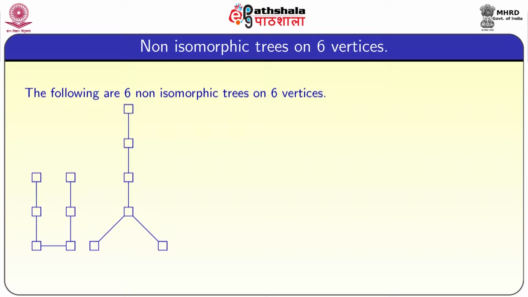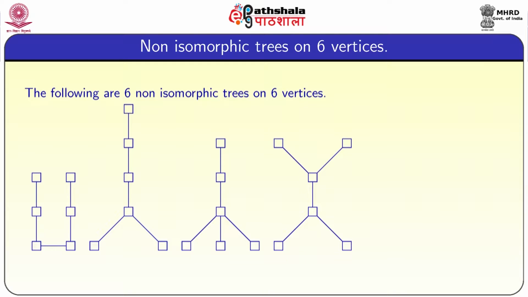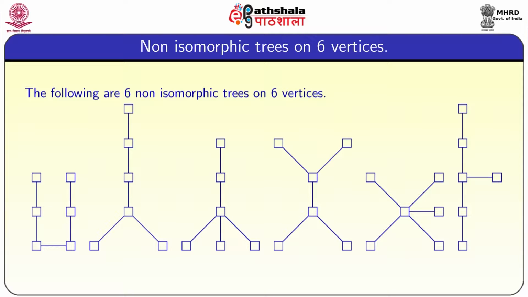This second graph contains a vertex of degree 3, whereas the first graph does not have a vertex of degree 3. And another tree with 6 vertices. All these are non-isomorphic trees on 6 vertices. These are the only trees on 6 vertices which are not isomorphic.